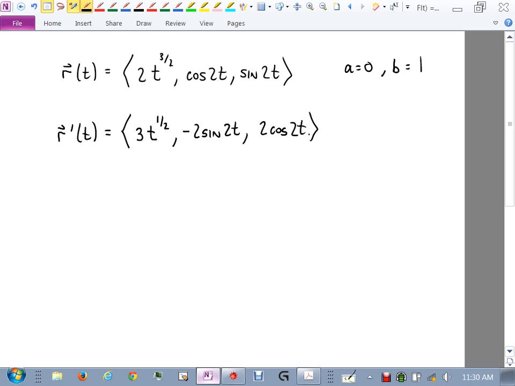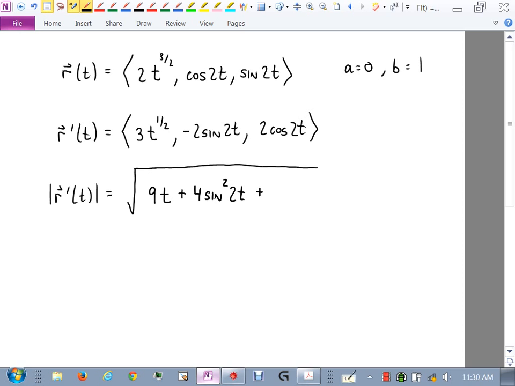And now I need that magnitude. The magnitude of that is the square root of each component squared. So what is 3t to the 1 half squared? 9t. And then plus, what is that? 4 sine squared 2t plus 4 cosine squared 2t.